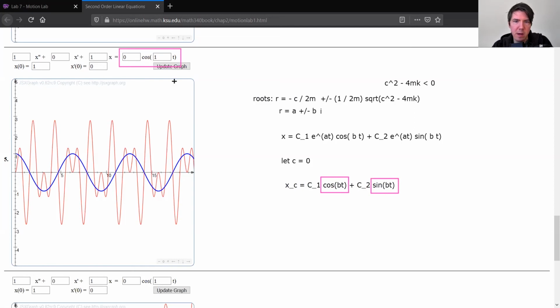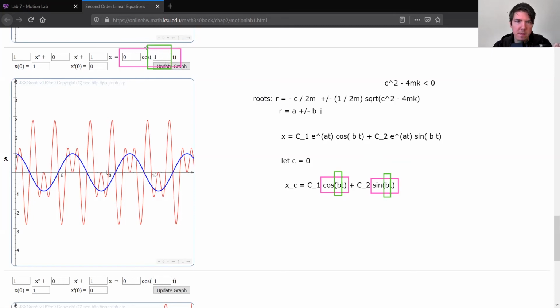We want to look at the driving force, and then we want to look at the trig terms in the complementary solution. In particular, we want to look at the frequency. We have a frequency of 1, and here we have a frequency of B, or maybe I should say angular frequency.